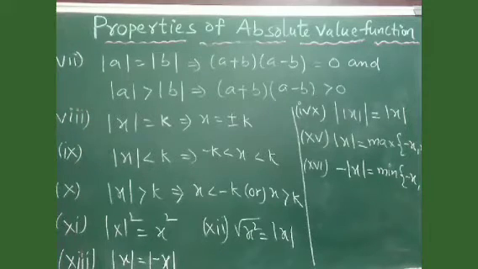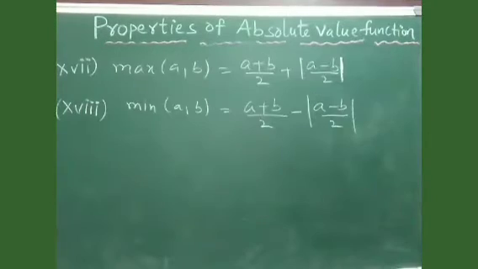So all these properties can also easily be proved by choosing some examples, right? So there are two more properties. Property number 17: maximum of a comma b is equal to (a plus b) by 2 plus modulus of (a minus b) by 2.